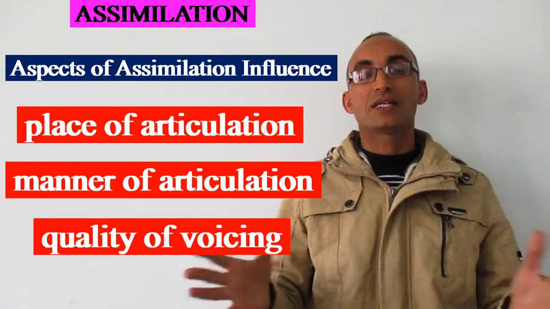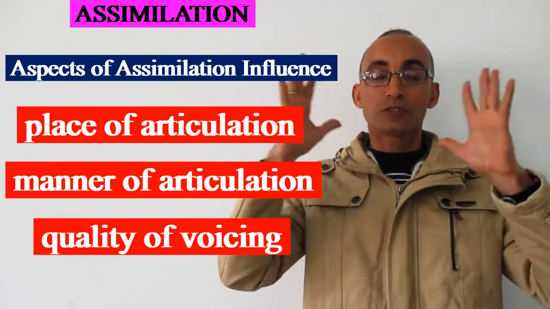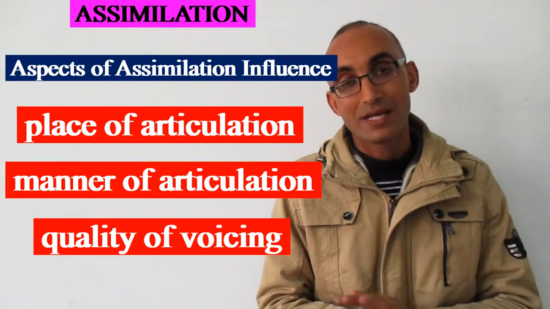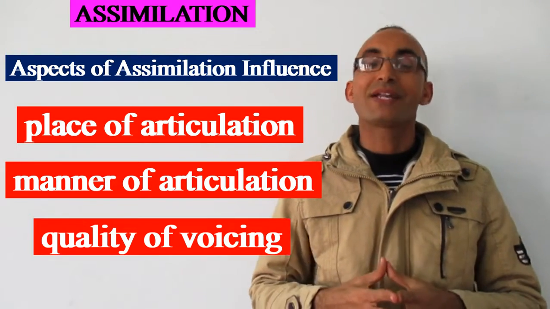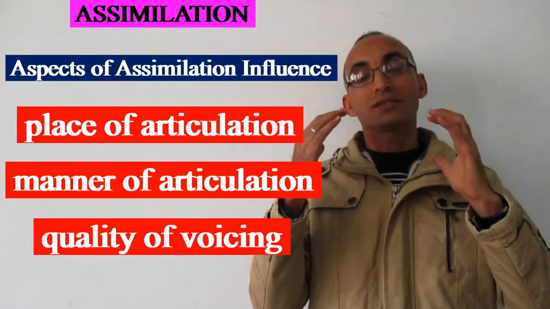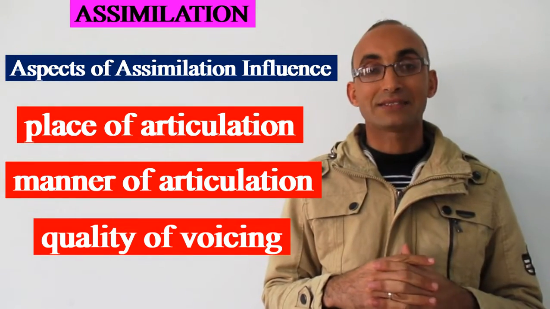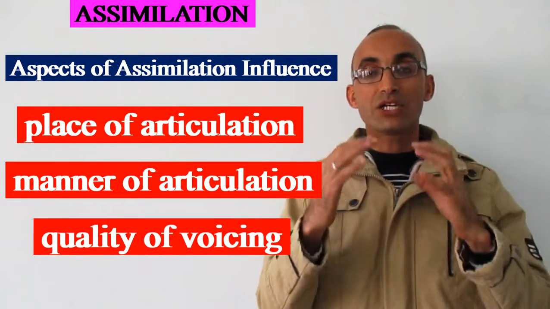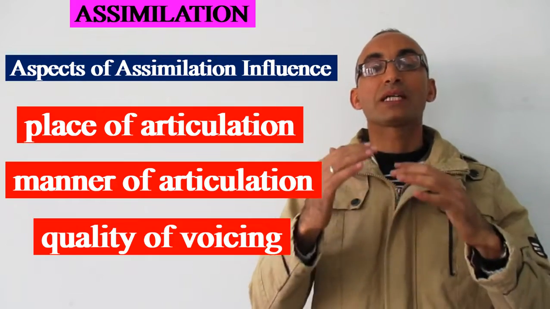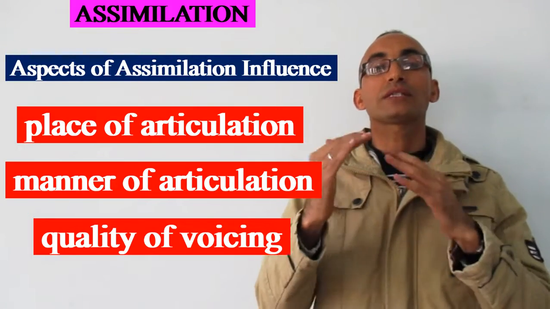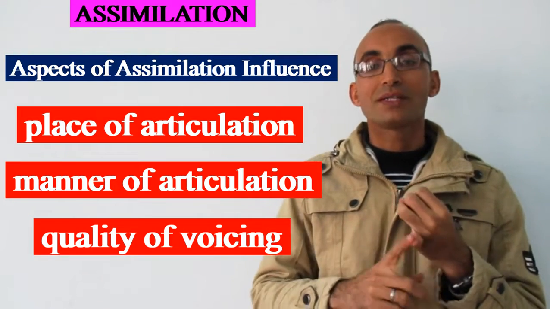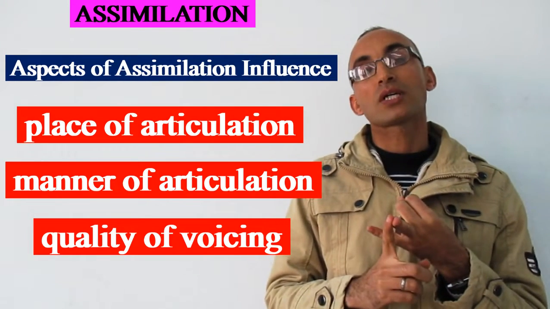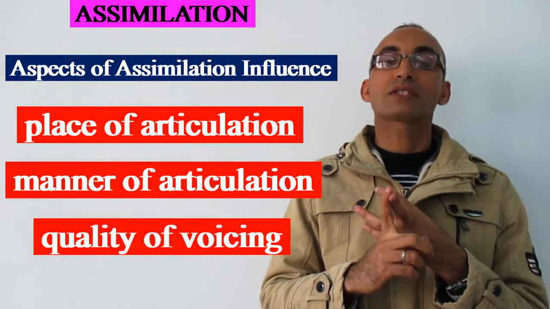So this is our general introduction about assimilation and our first part of the lesson. Next time, inshallah, we'll see the different cases of assimilation in detail, one by one, with regard to these differences in manner, place, and quality of articulation.